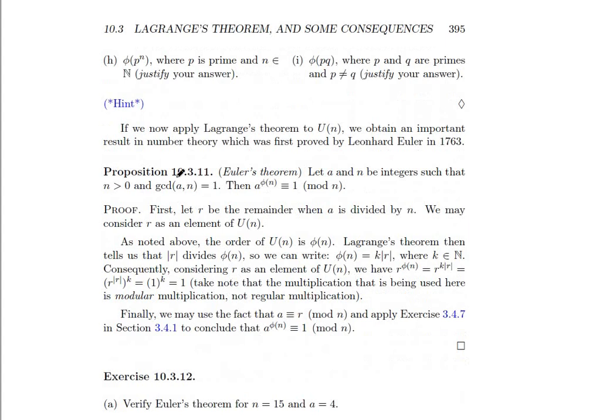Let's now apply Lagrange's theorem. The order of U of n is equal to phi of n. Let's take any element A in U of n.